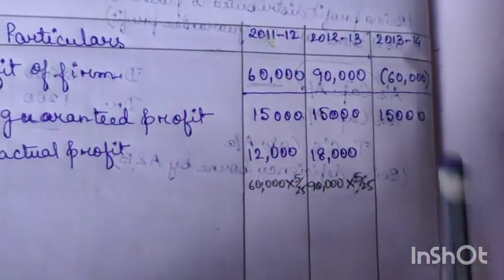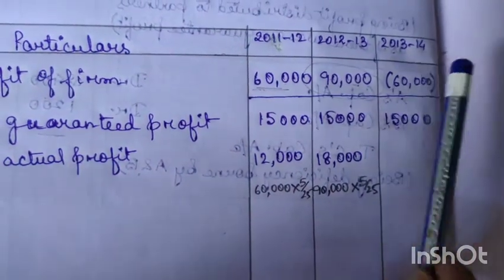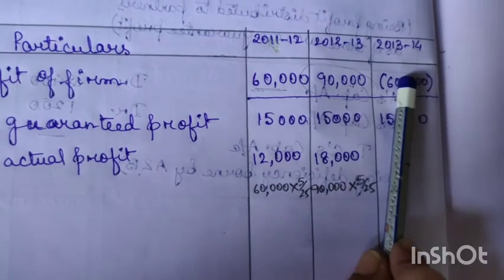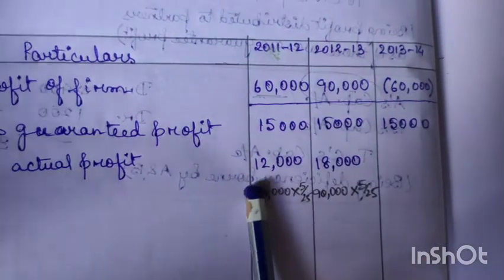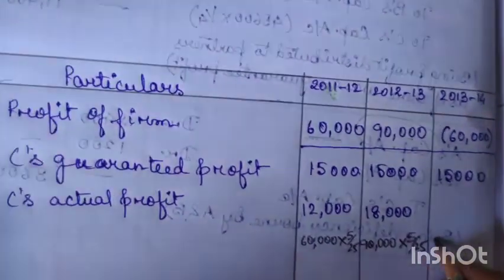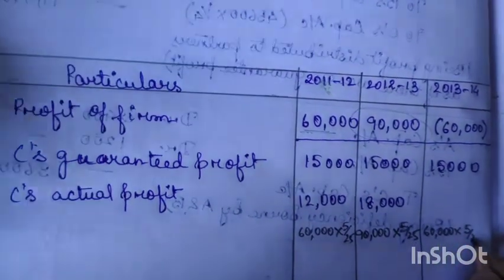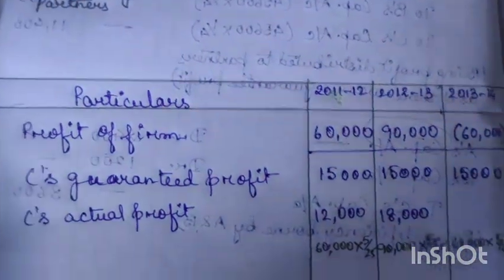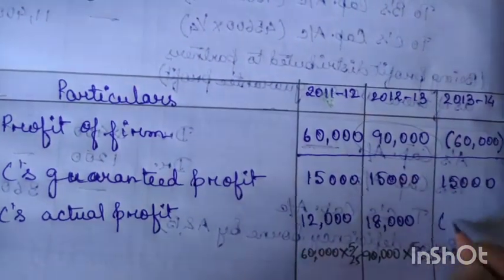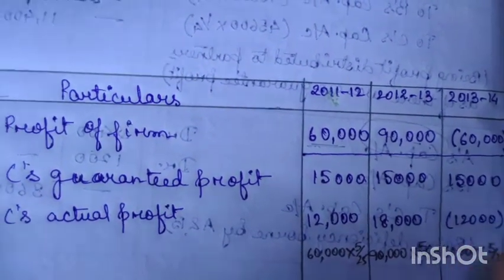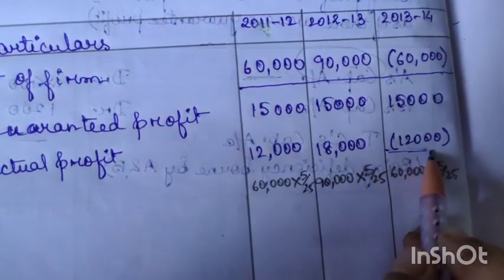Now in the third year there was a loss of 60,000. So now if we do the calculation of 60,000 into 5 by 25, there is a loss, so here we will get 12,000, but 12,000 is our loss, so we have written it in bracket.